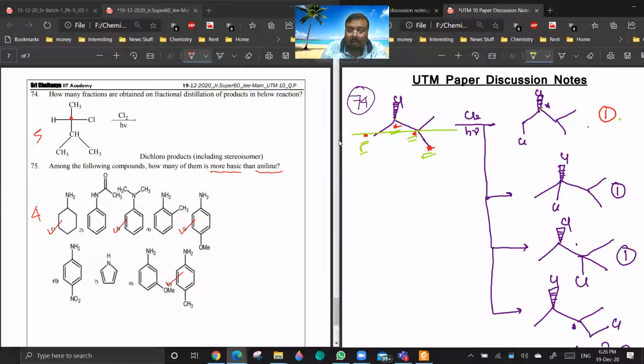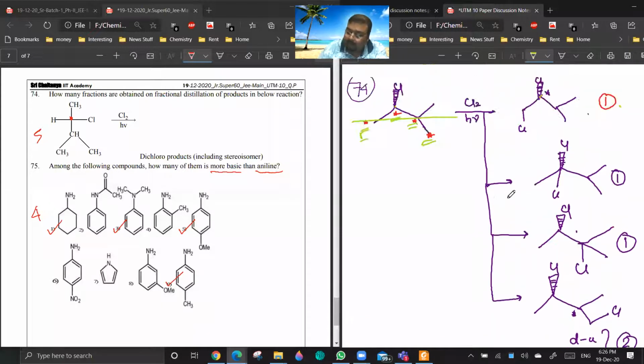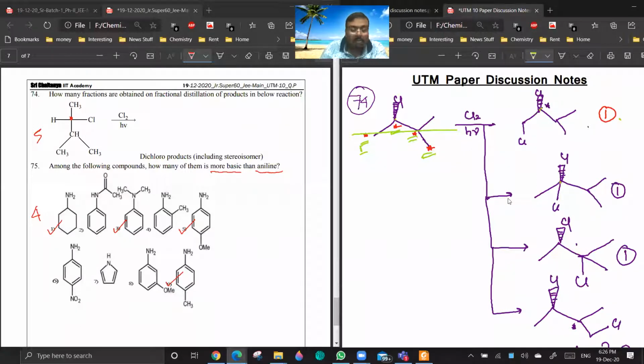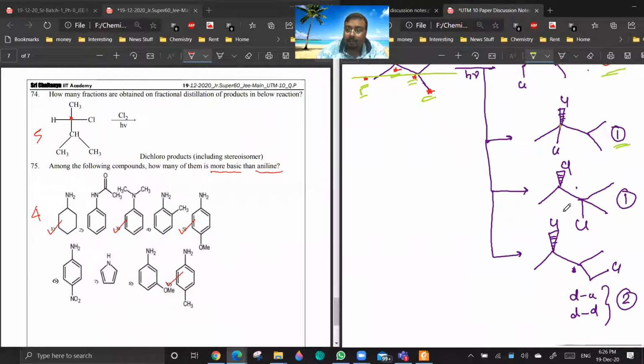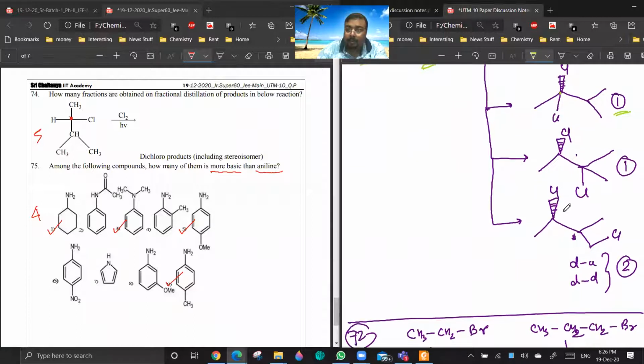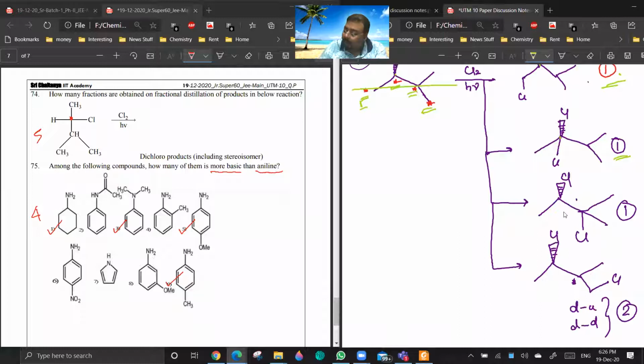Yes, sir. So only one for this. Second case, if the chlorine is here, it does not remain a chiral center. So again, one product. Clear? Yes. In this case, again, there is no chiral center if it is here. So again, one.